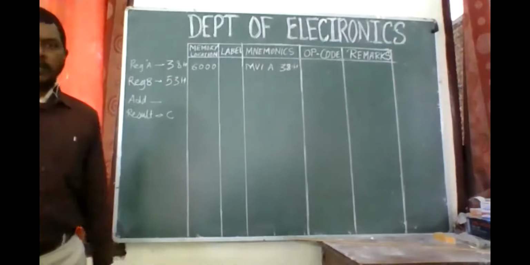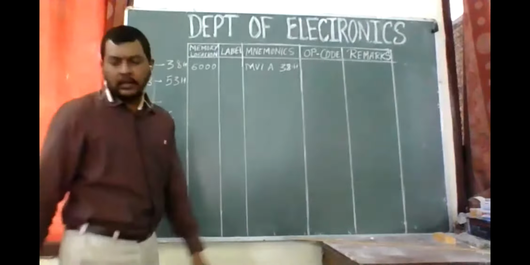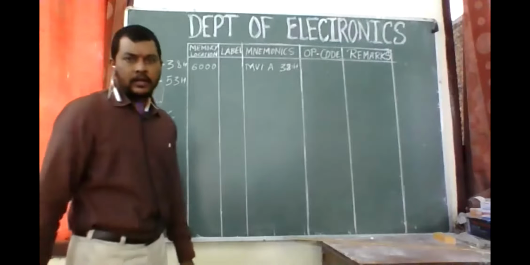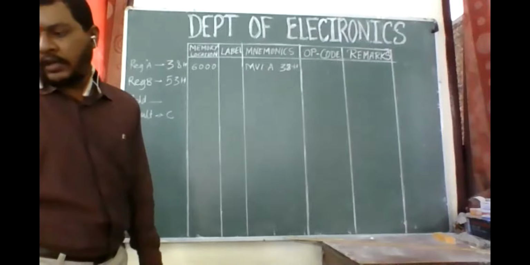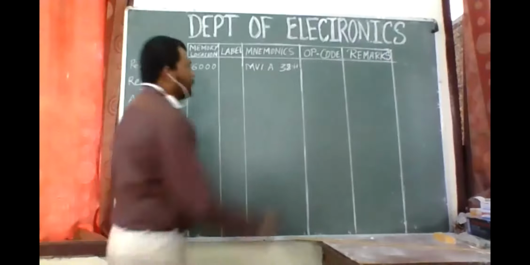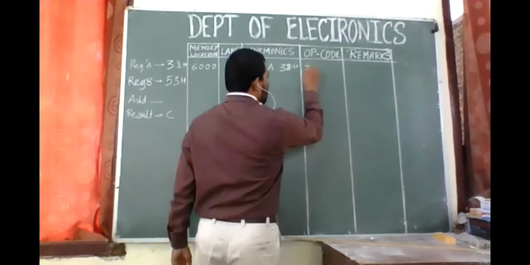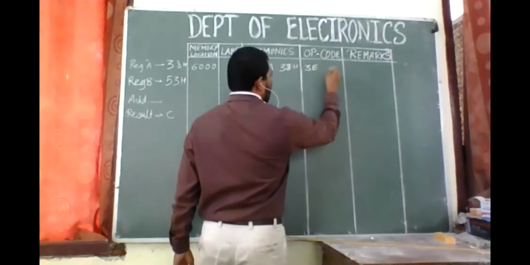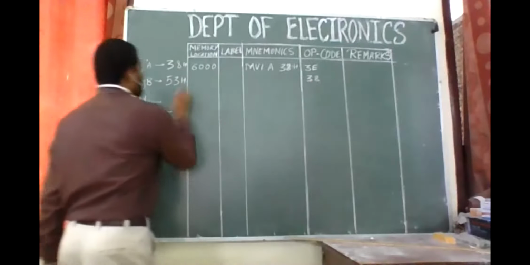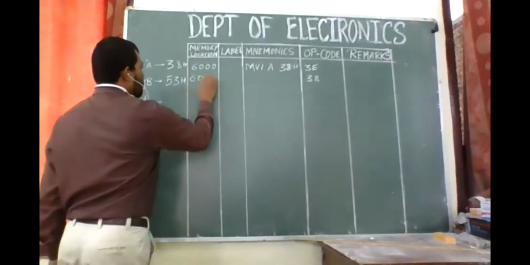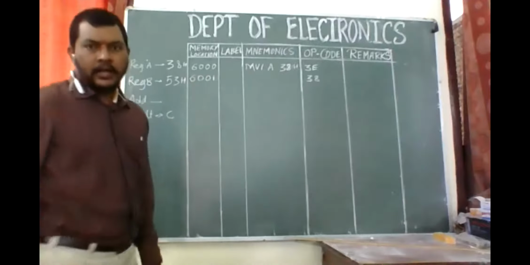What is the opcode? MVI A is 3E. So 3E is the opcode, and 38H is the data. So we will be requiring 2 memory locations for that.